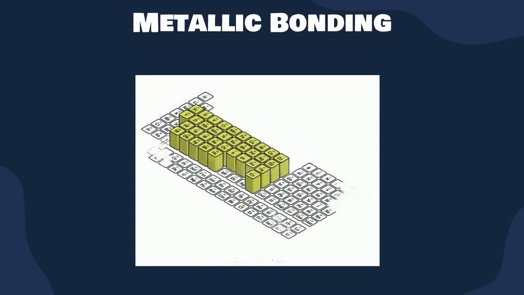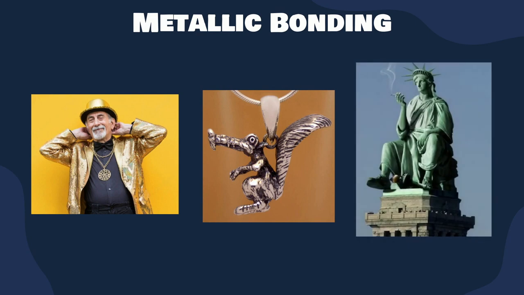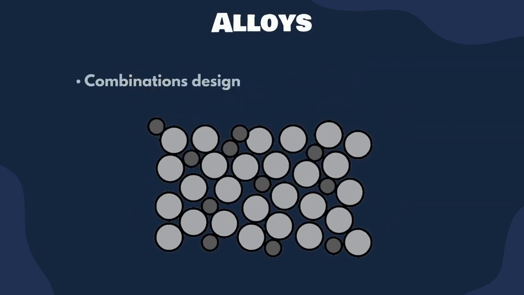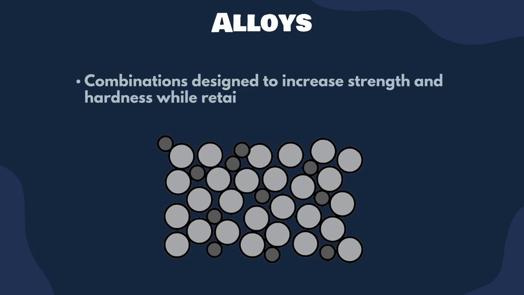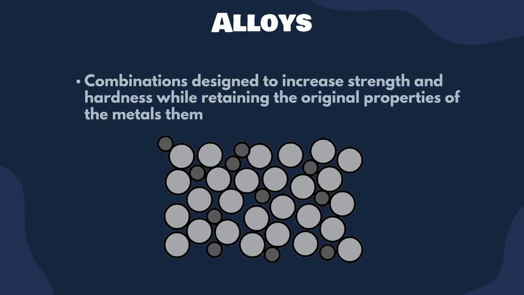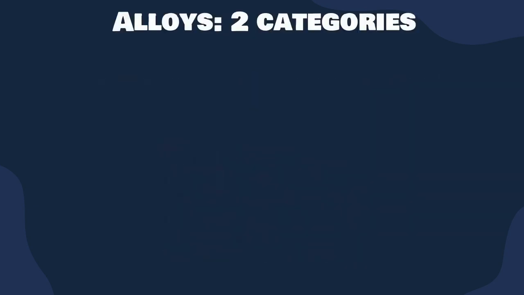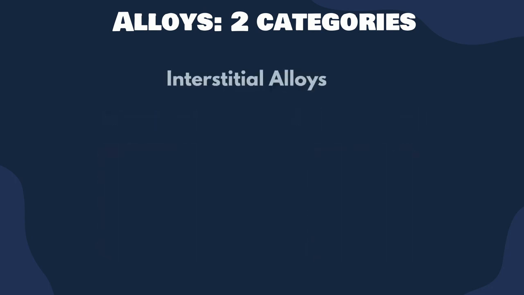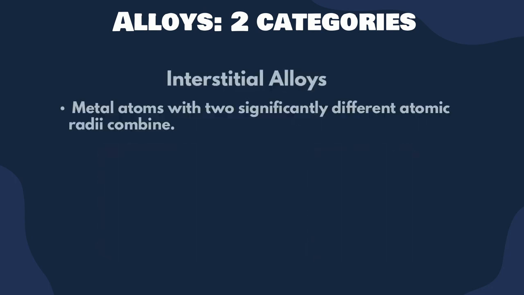Metallic bonding is especially common in minerals involving transition metals, such as gold, silver, and copper. Metals also bond with each other to form alloys, which are combinations designed to increase strength and hardness while retaining the original properties of the metals themselves. There are two fundamental categories of alloys as well: interstitial alloys and substitutional alloys. In an interstitial alloy, metal atoms with two significantly different atomic radii combine.